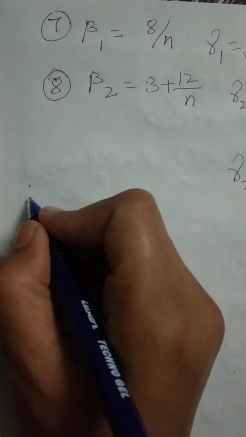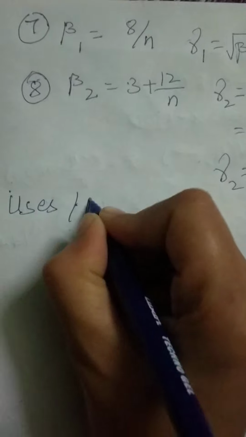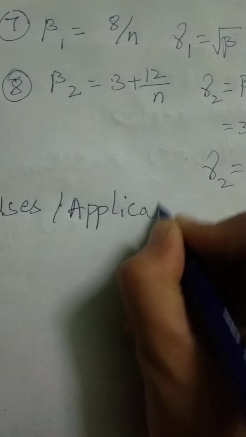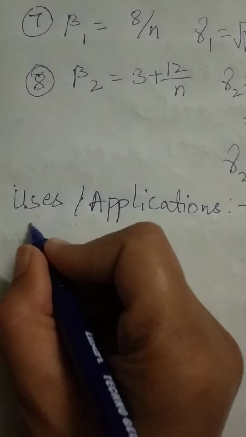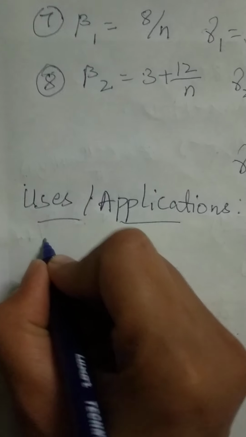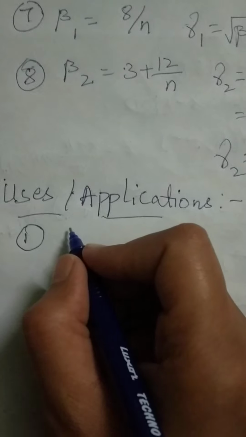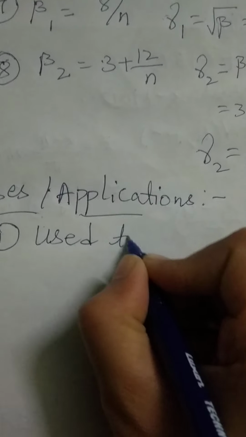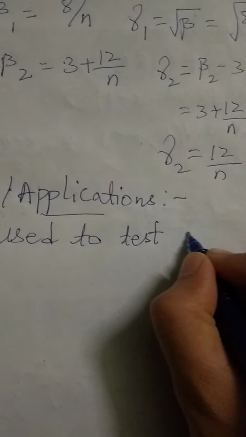Then students, go for applications. You can say it as uses also, U-S-E-S, uses or applications. For uses, the first one, remember, students, is that the chi-square test is used to test goodness of fit.